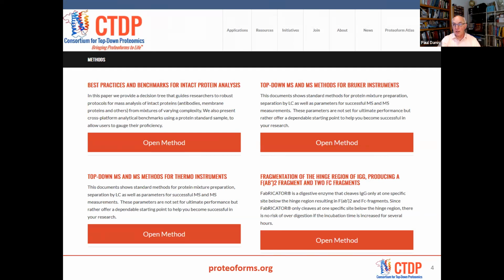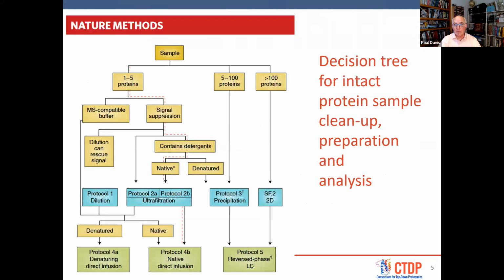Then we have some information on antibody digestion. Just an example on the protein separation methods: we have this paper. There's about 10 specific methods or protocols in here. Based upon the type of sample you have and the kind of information you want, there's a flow chart that helps you get through what's the best approach as far as sample preparation, sample cleanup, and separation.